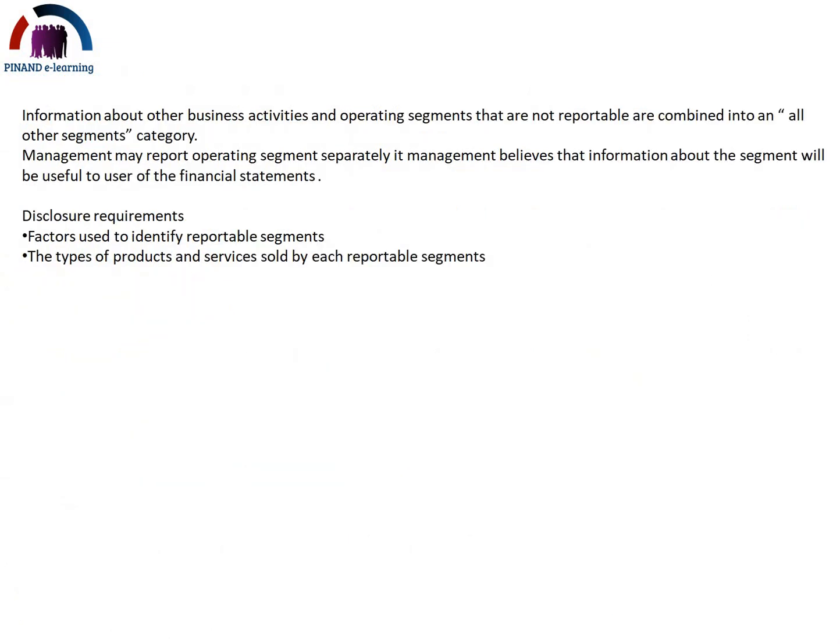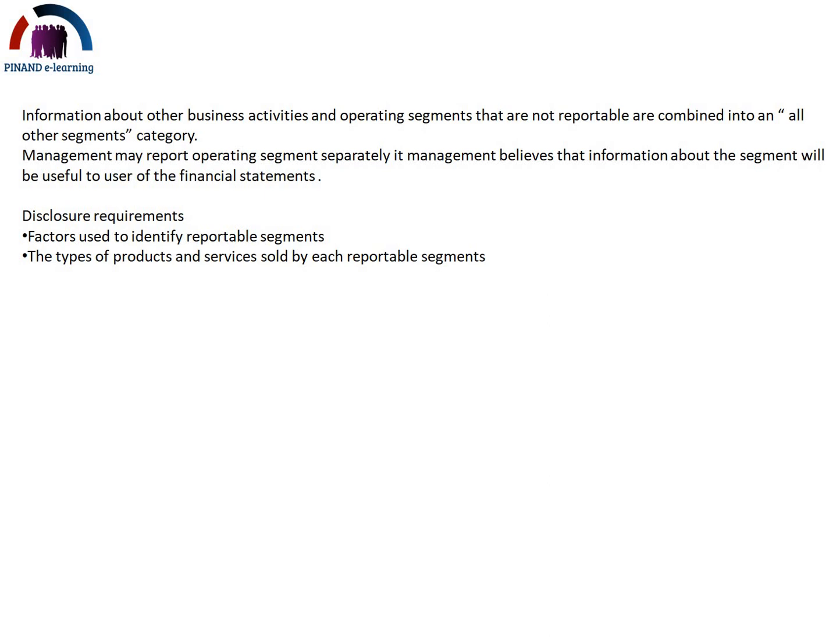Now let's see. Information about other business activities and operating segments that are not reportable are combined into the all other segments category. Let's say 2 branches meet the criteria, the first three quantitative thresholds, and go ahead to meet the 75% test.